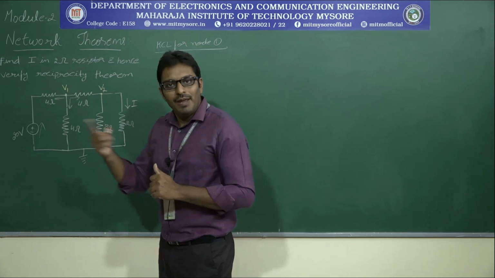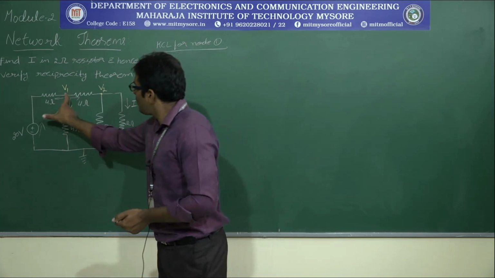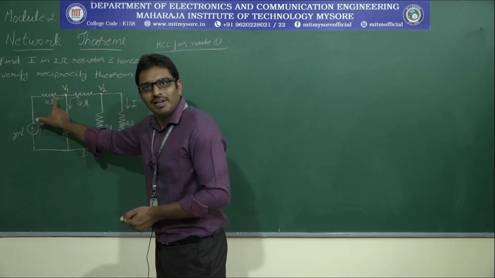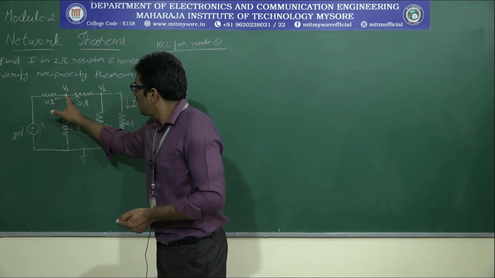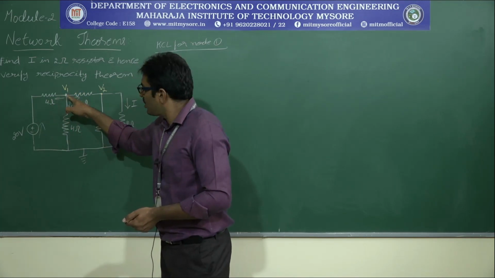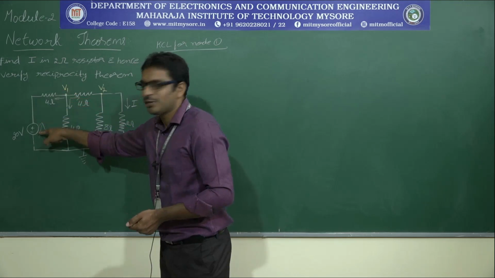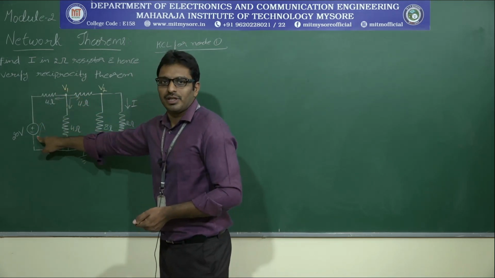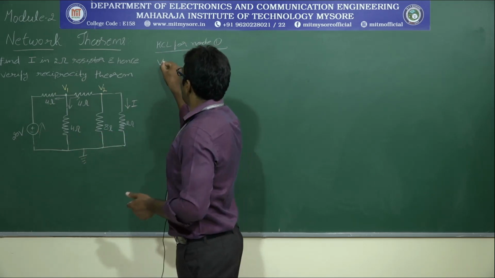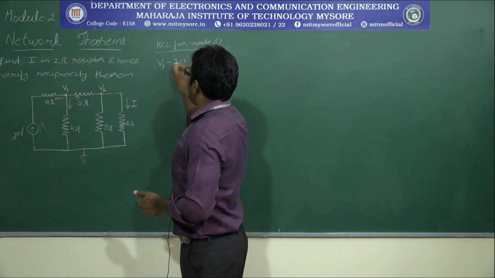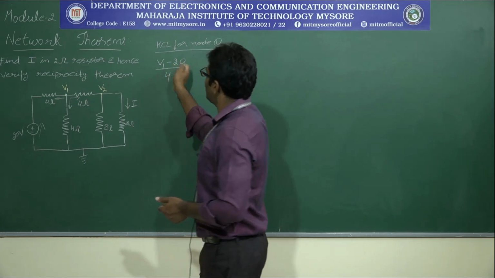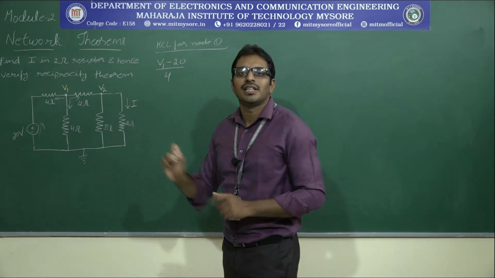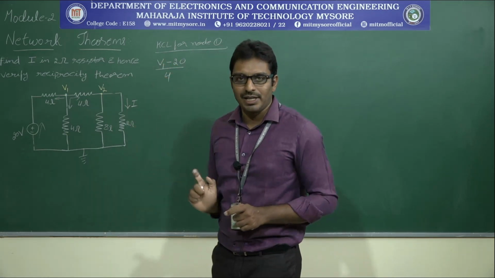I is equal to V by R, where V is the potential difference. If you consider this is a higher potential, current is flowing from V1 to this point, that's why V1 minus this voltage. Is that clear? So V1 minus 20 divided by resistance 4. Potential difference divided by resistance is nothing but current in the first branch.